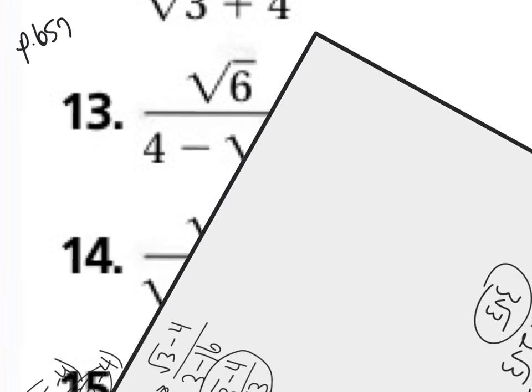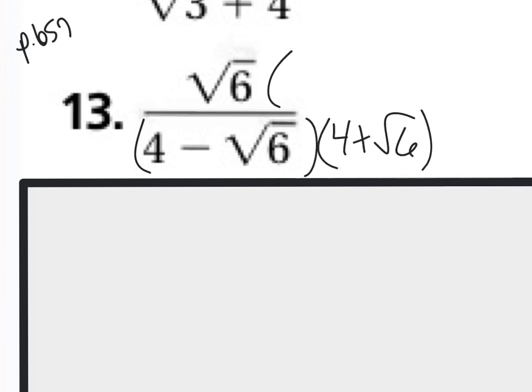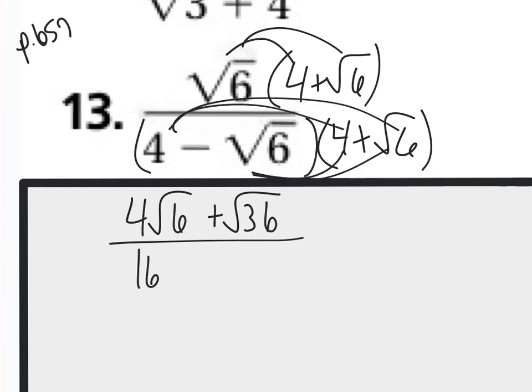Number 13, same idea. We would need to multiply by the conjugate here. So 4 plus the square root of 6. Middle terms cancel.